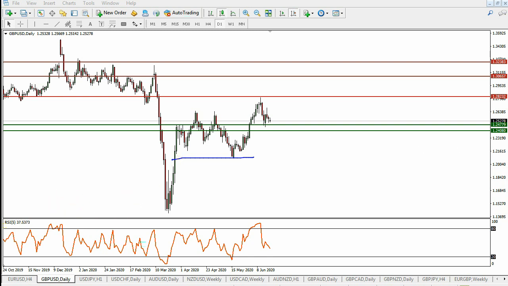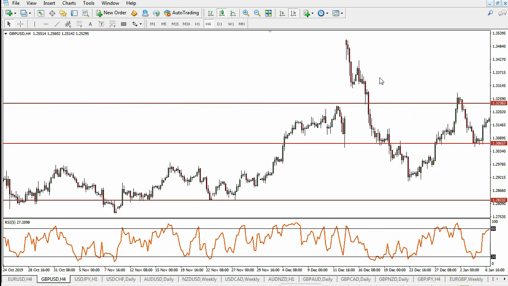So same here, price is moving upward, then created a range, and now price is moving upward before testing these levels. So now let's jump to the 4-hour chart for the detailed analysis.